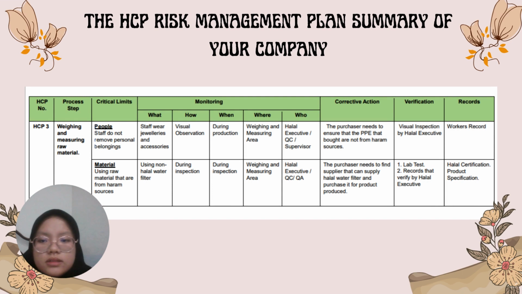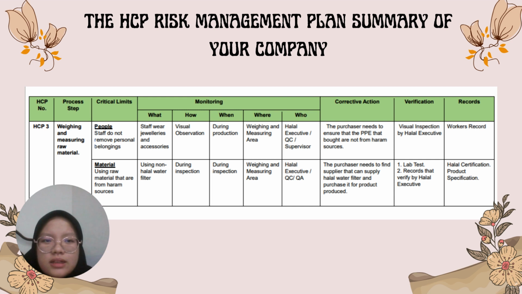Now I move on to the third halal control point, which is the weighing and measuring of raw materials. For the critical points, we have two parts. For the people, the staff do not remove personal belongings, such as jewelries and accessories.